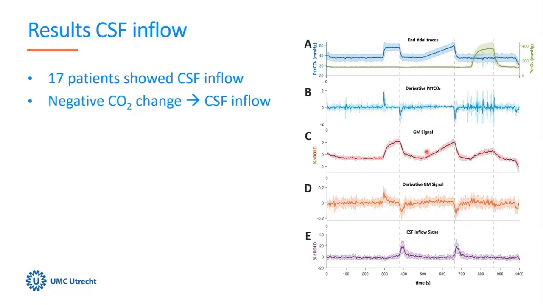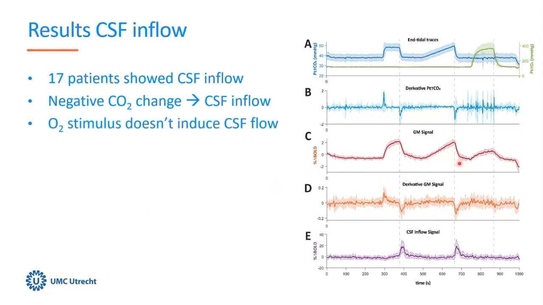What you can immediately see is that this negative change in CO2 is followed by an inflow of CSF. So there is a change in cerebral blood volume, which you can see from the derivative of the volt signal, and that will be followed by an inflow of CSF.